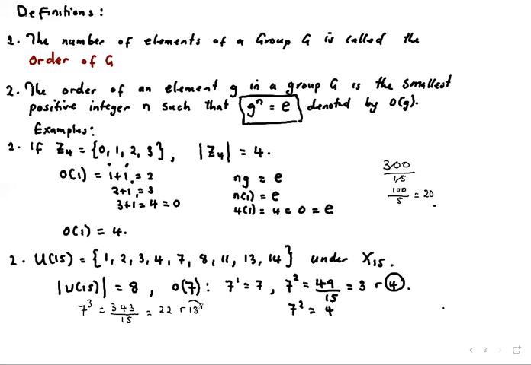So 7 power 3 is equal to 13, which is not the identity, so it is not the order.